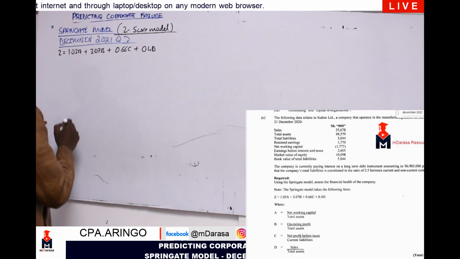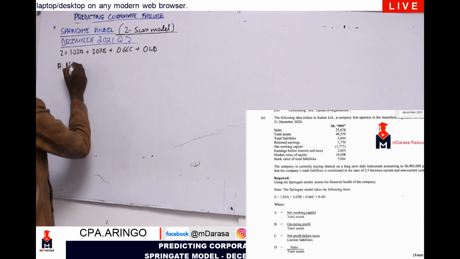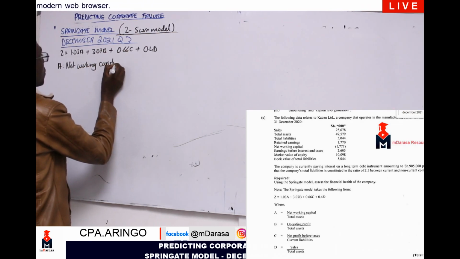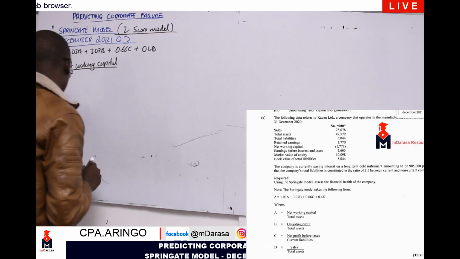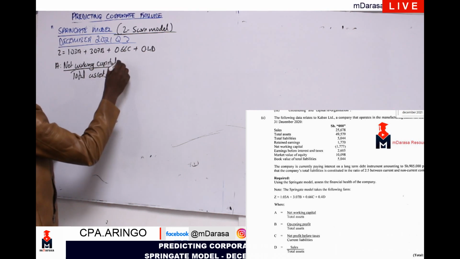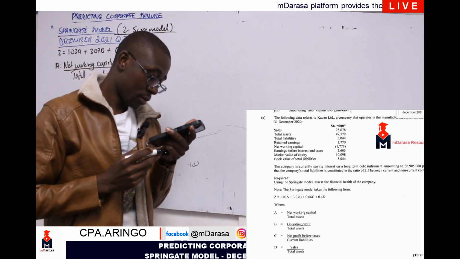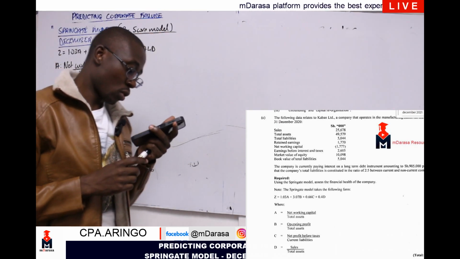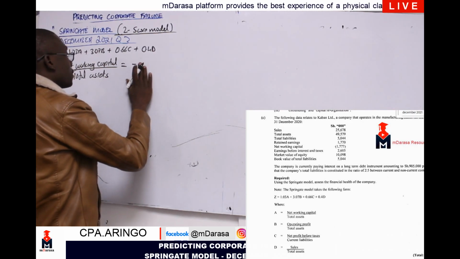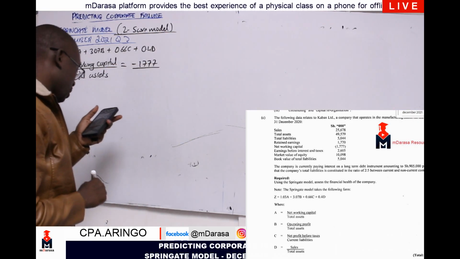He's telling us that for us to achieve A, I'll be taking our net working capital and dividing by our total assets. Net working capital, are we given? Look at that case. I was given the net working capital of minus 1777, divided by the total assets.